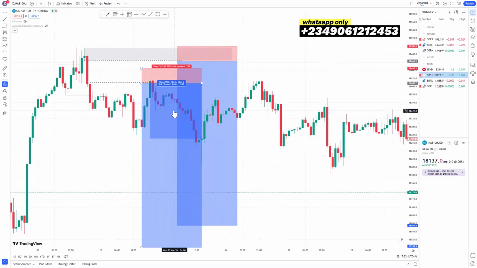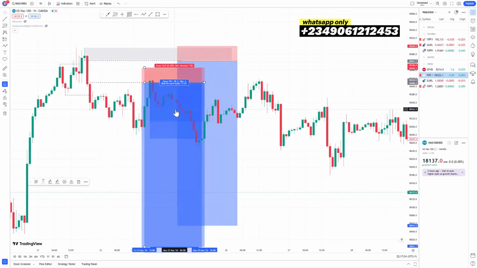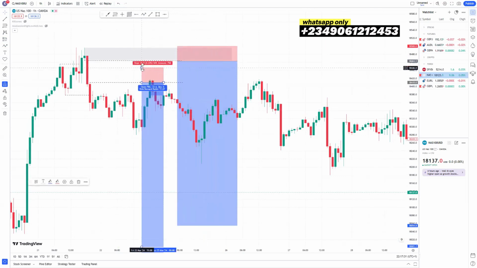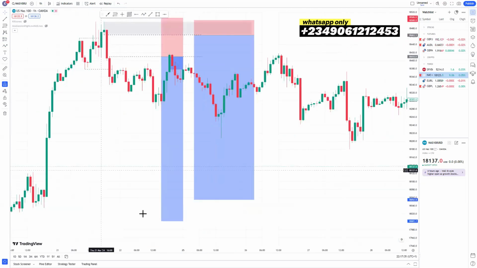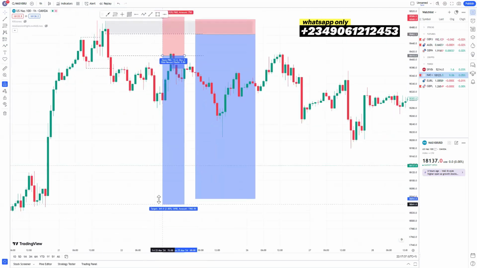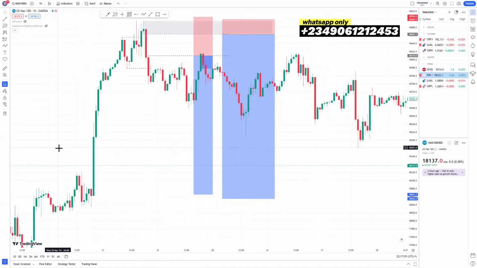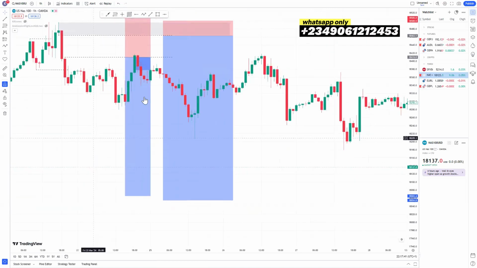The fair value gap, because he has an understanding of PD arrays. So he's going to short from the fair value gap, all right, with stop loss at the external range and then take profit at wherever you want it to be or wherever it's supposed to be. So you can see now trader A was not mitigated because he was aiming for what?